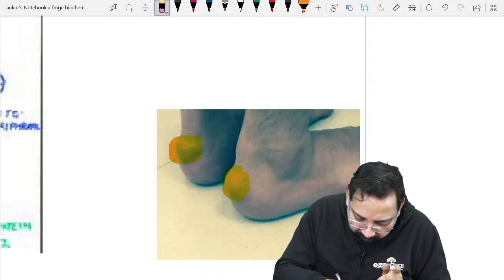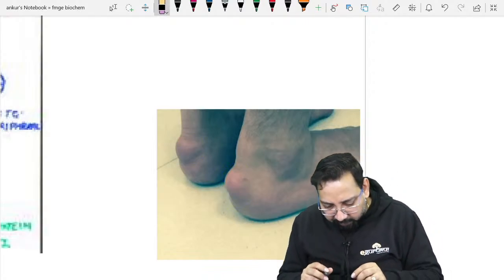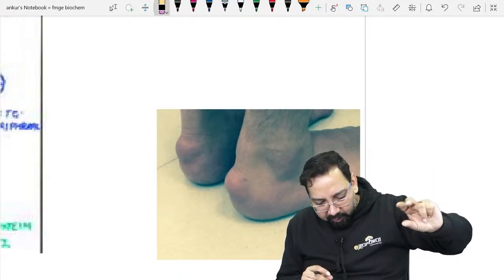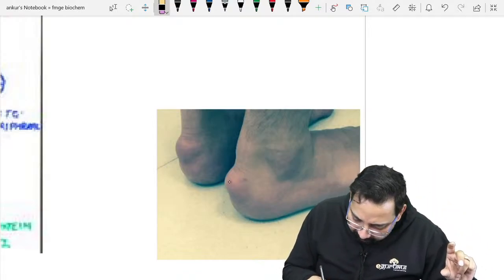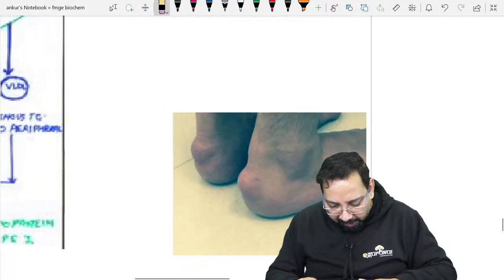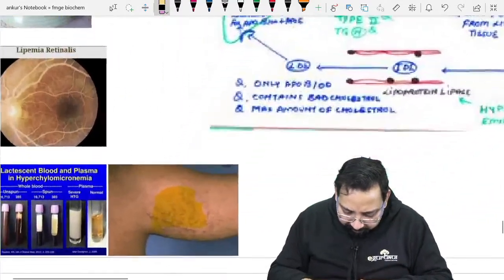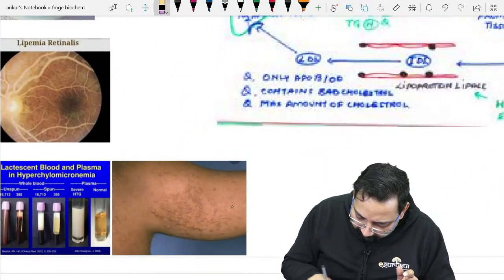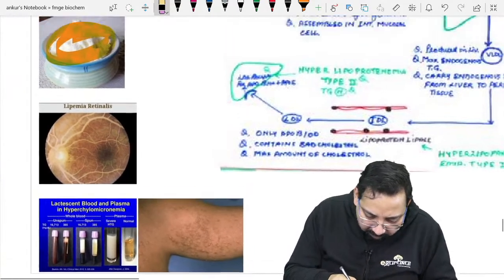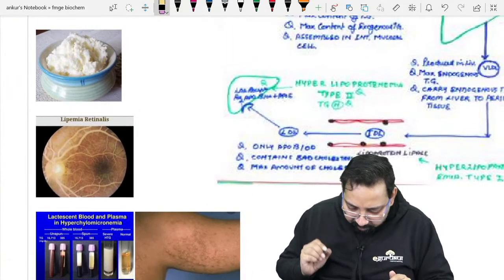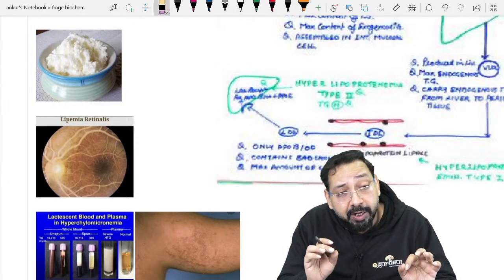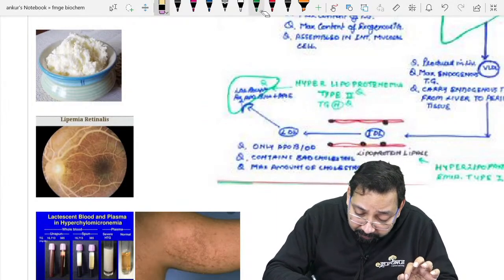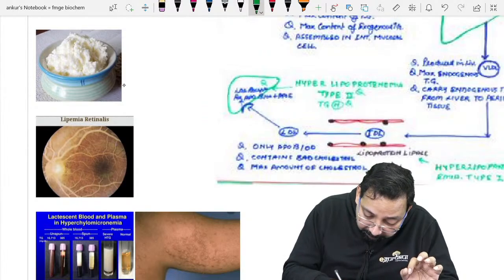If you are seeing this picture, you are feeling just like you have implanted that cholesterol here, and you have implanted this granular ghee here. So whenever triglyceride is increased in the body, there is eruptive xanthoma.